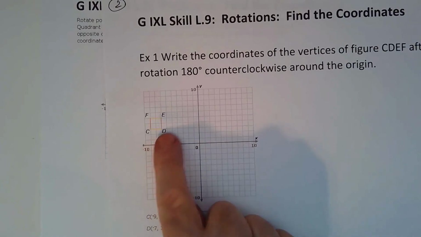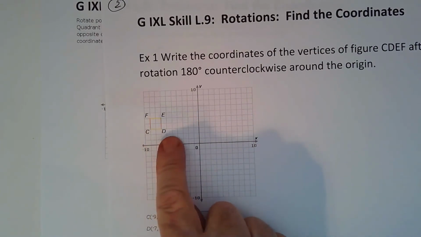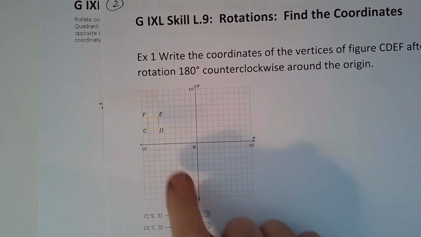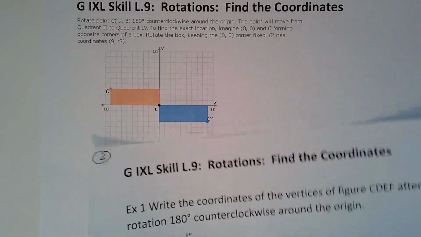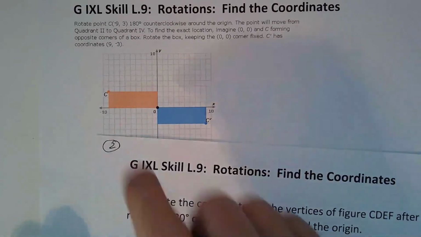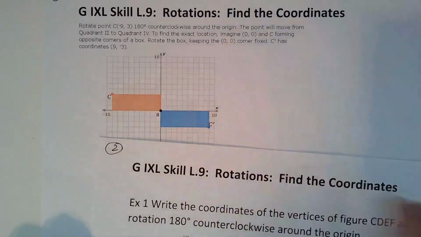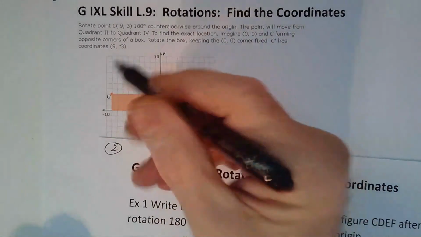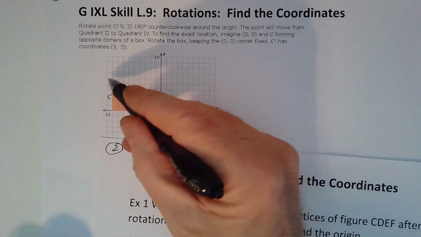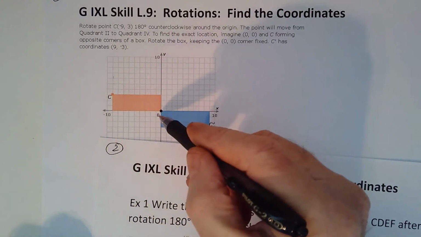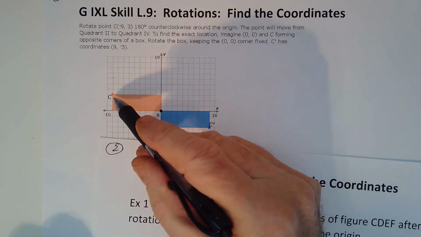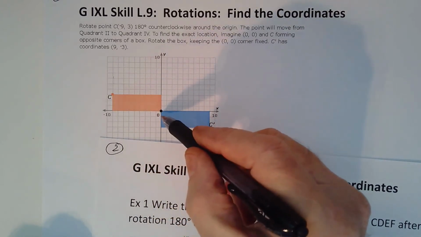Notice it's on the left-hand side of a little box that you could create from C, D, E, F. What they did was they created a box where point C is the upper left corner. So there's point C up here. Upper left corner, that means then that C, D, E, F has got to be right up in here, okay? This portion. But they create a rectangle where C is up here, the upper left-hand corner, and the lower right is the origin.